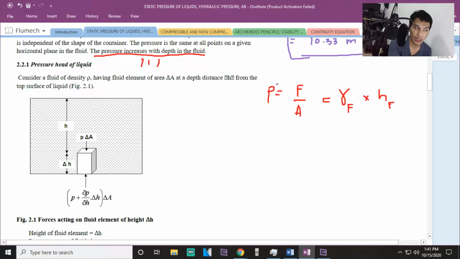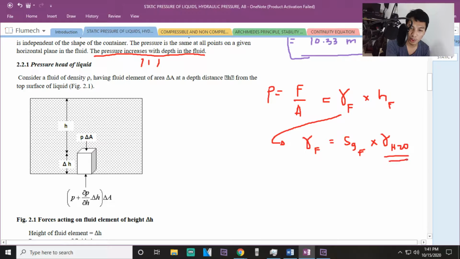That is the hydrostatic pressure. Now, itong substance mo is coming from what? Yan, no? This one. The specific weight of your fluid is equal to Sg ng iyong fluid multiplied by the specific weight of water, H2O.